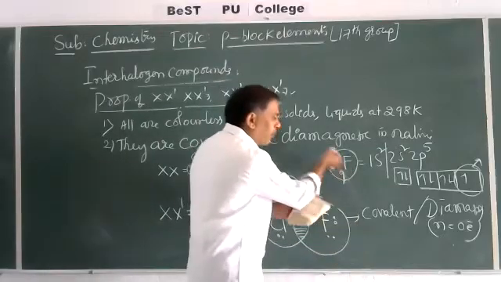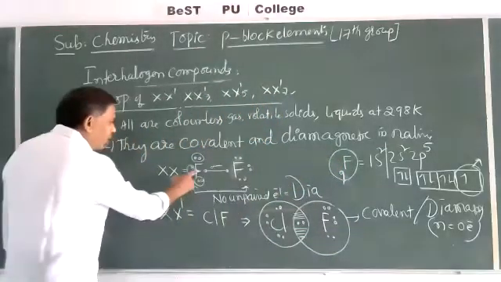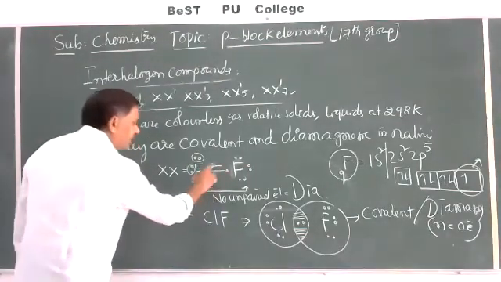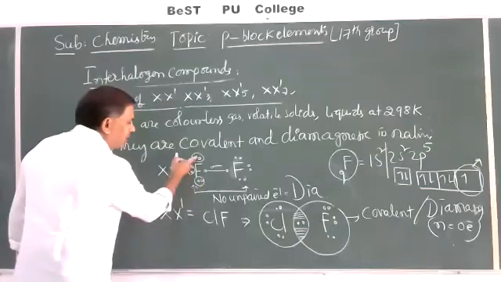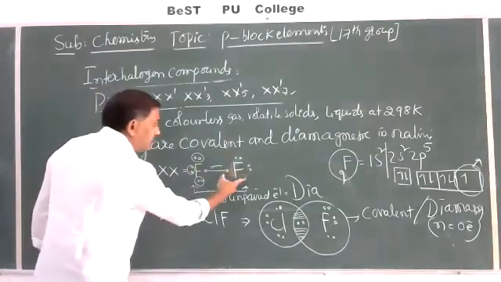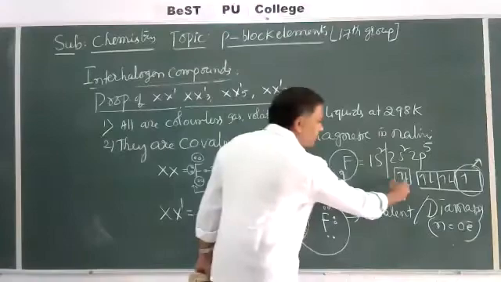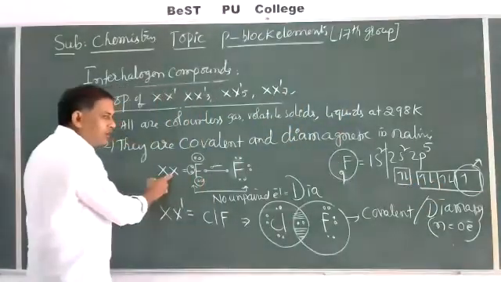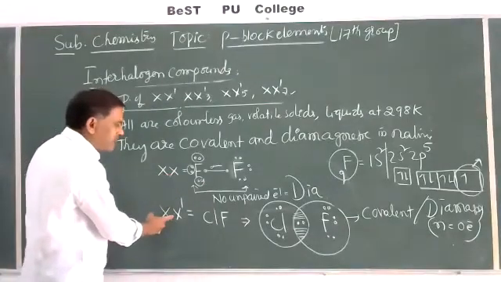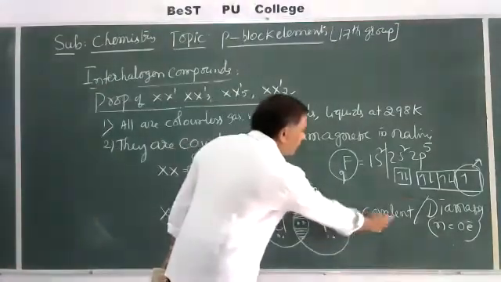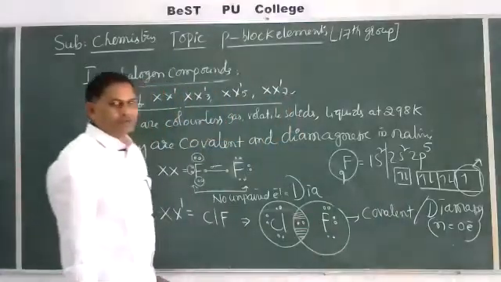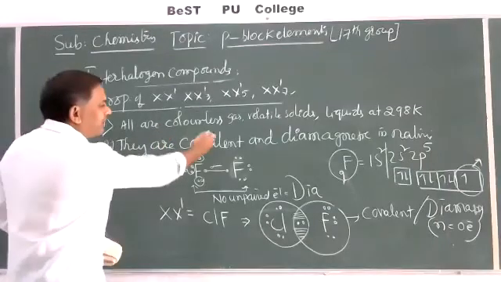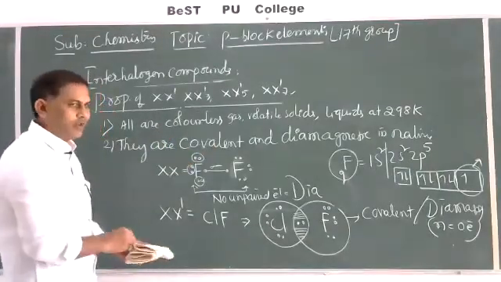Like the fluorine molecule, one unpaired, mutual contribution, mutual sharing. It forms a sigma covalent bond. Remaining all are paired. So all are paired. That's why in this molecule, the halogens or interhalogen compounds are covalent and diamagnetic in nature. Clear? It's the general property, like physical state and covalent and diamagnetic in nature.